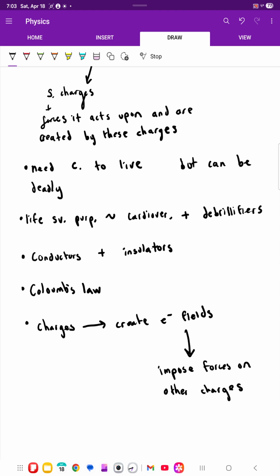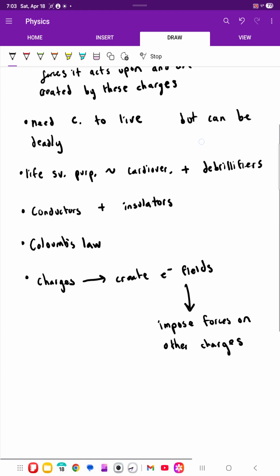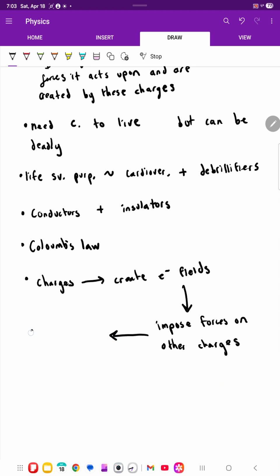We'll observe the behavior of charges that are placed into these electric fields. This is quite important.